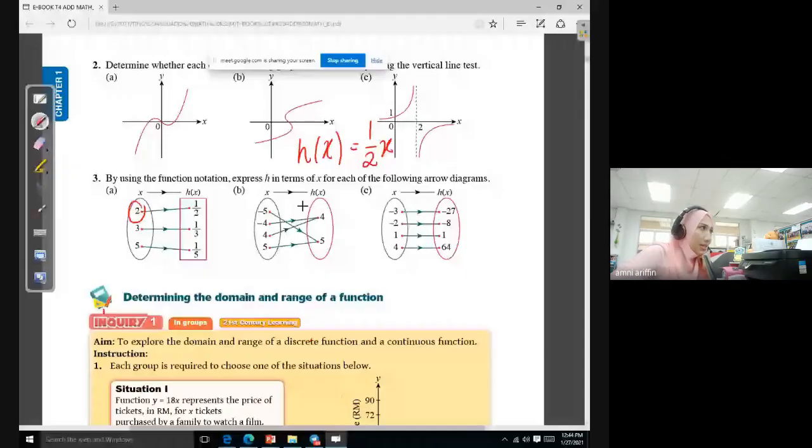Okay. So this one is for the first notation. By using the function notation, express h in terms of x for each of the following arrow diagram. So dia punya object is 2 and then hx is 1 over 2. So kamu punya notation is hx equal to 1 over 2x. Dia half lah. Kamu nampak tak sini 2 and then sini 1 over 2. Okay, kalau yang B, jadi macam mana?